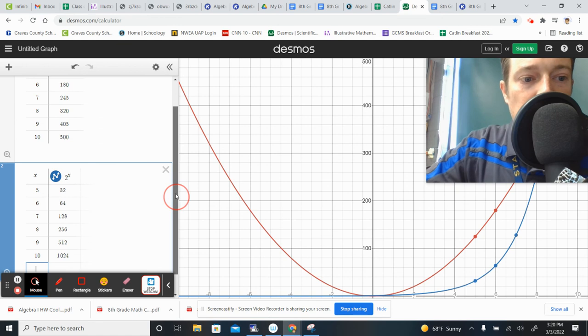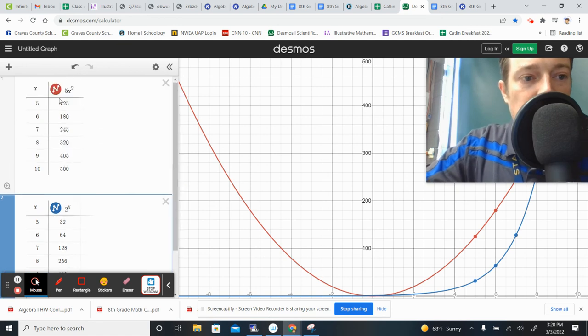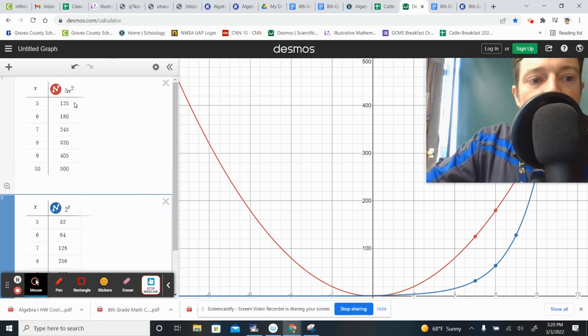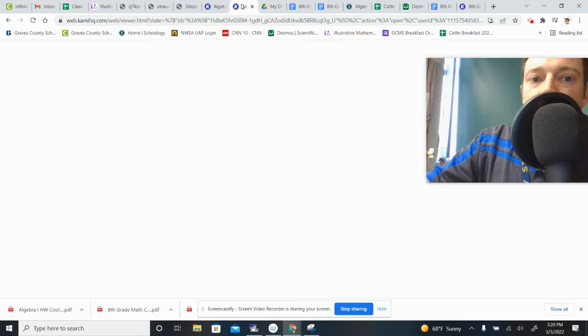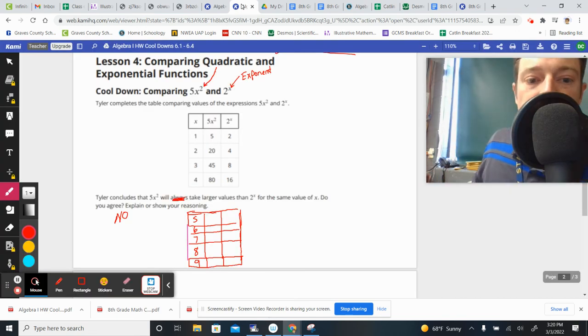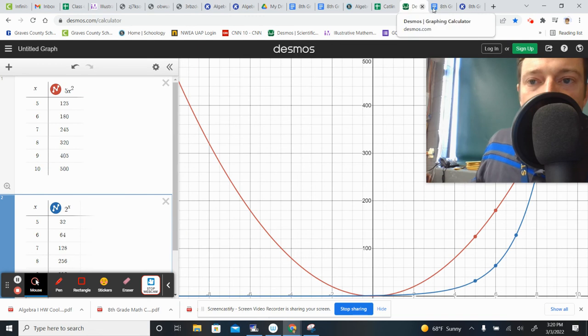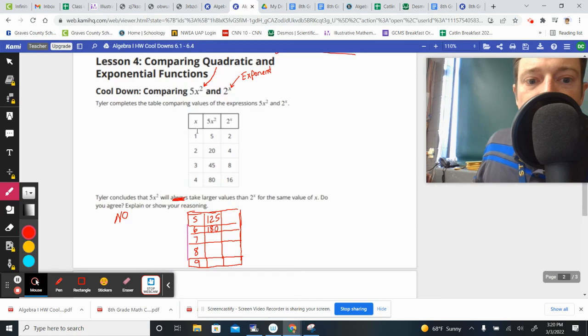The one down at the bottom for the 5x squared: 5 is 125, 6 was 180, 7 was 245, and then 320.